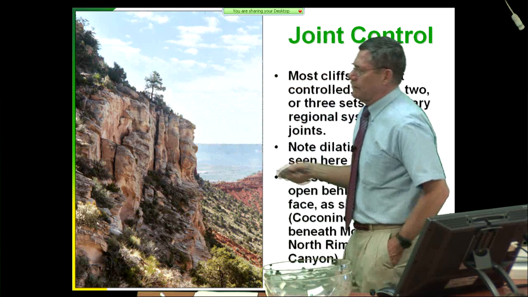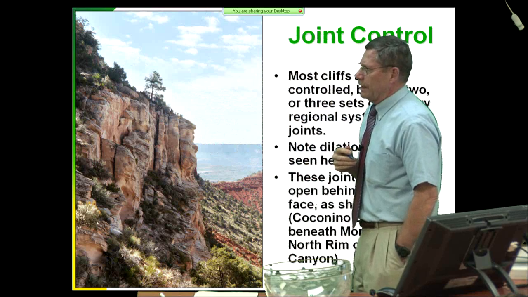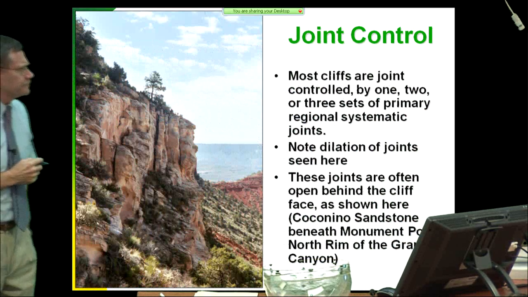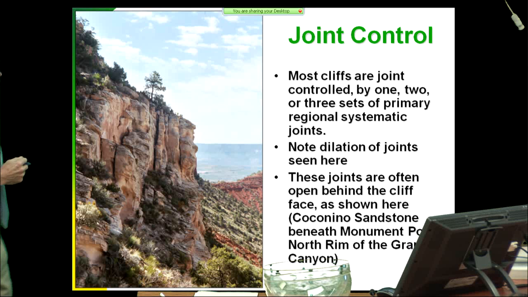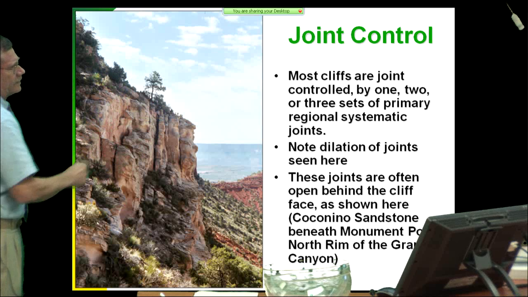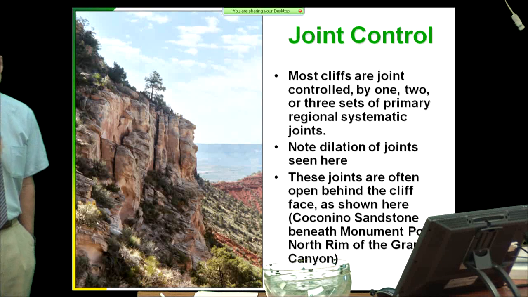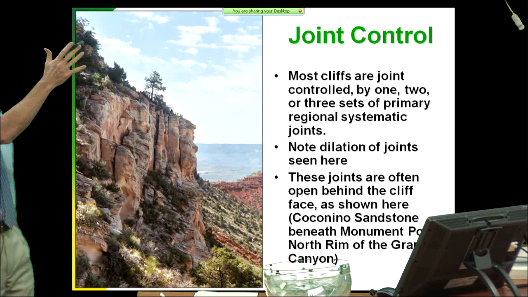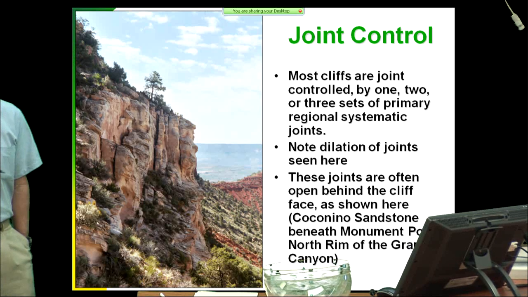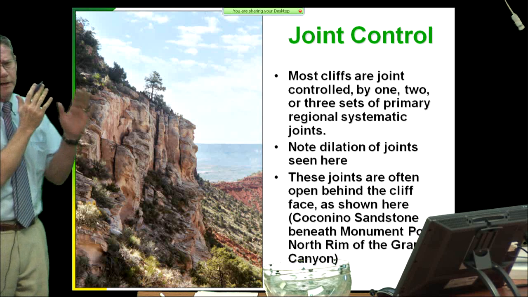So this is in the Coconino Sandstone, north rim of the Grand Canyon, right below Monument Point. What you have going on here is a joint controlling the morphology of the cliff, and that's very, very typical. So most of the time if we see a big slick surface or fairly planar surface, it's probably joint controlled. So that's the first set you want to get identified.